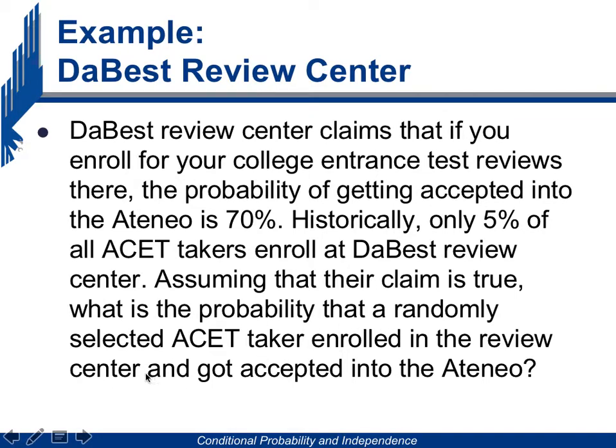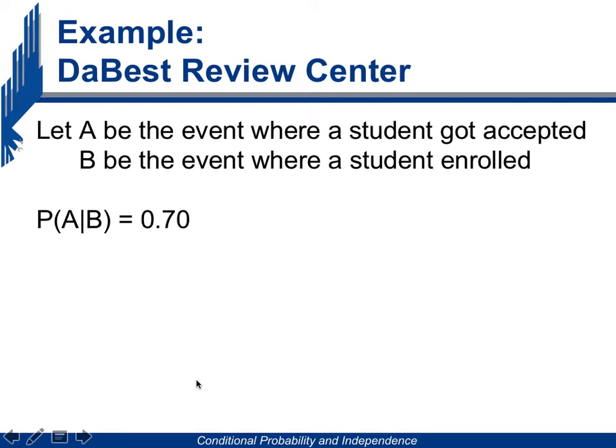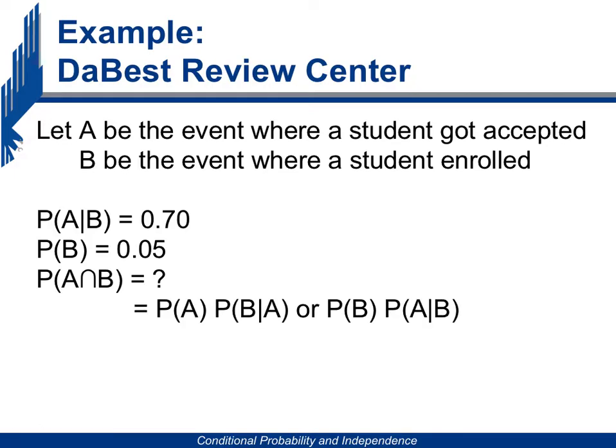So the clue here is the word "and". This represents the intersection of events, and particularly, this problem is asking for the probability of the intersection of A and B.